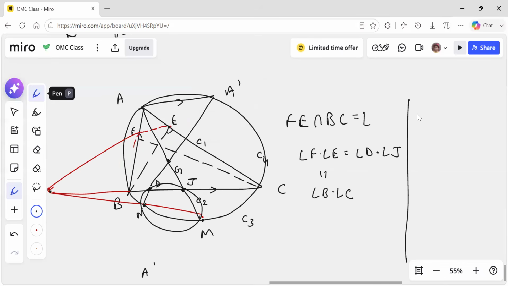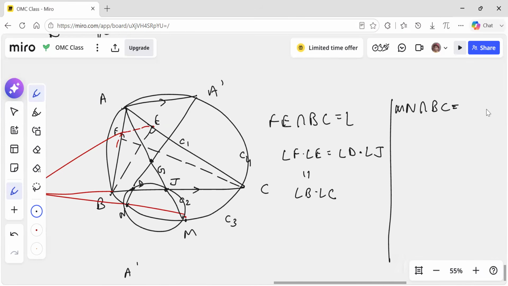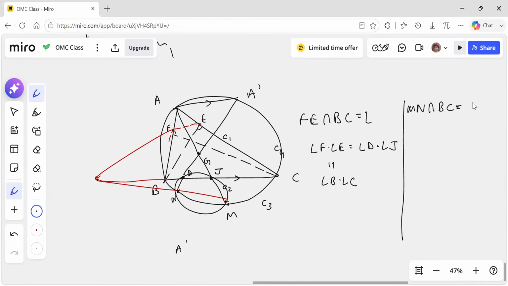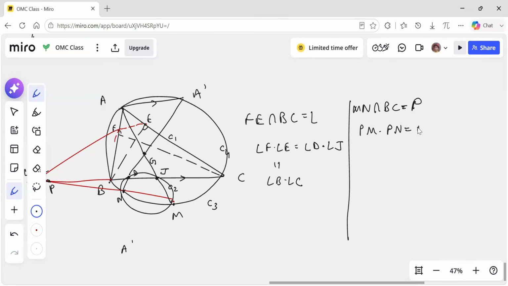And now let's say this is also sort of a phantom point. I tried to do this using radical axes, but directly I failed. What did I call it? P. So now if you have say this was L and say this is P for the sake of contradiction, here you have PN times PM is equal to PD times PJ because DJMN is cyclic.